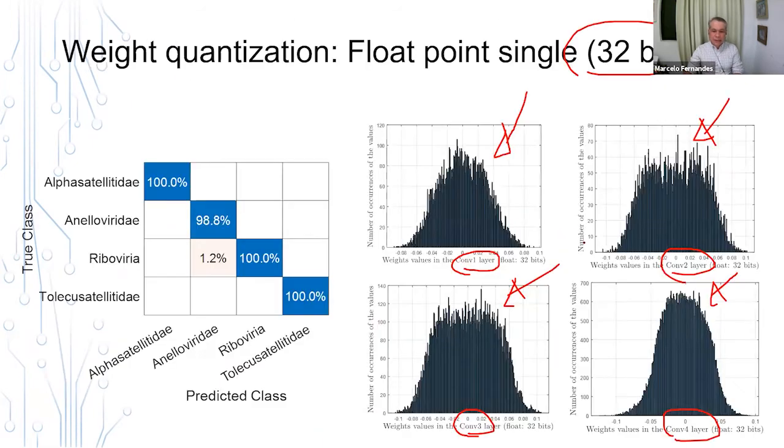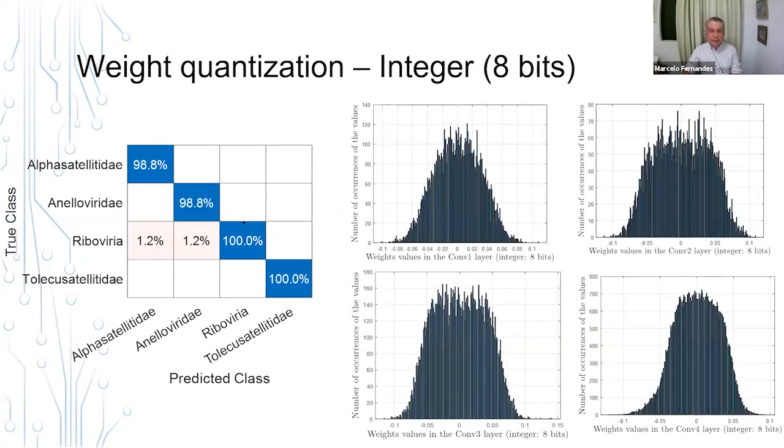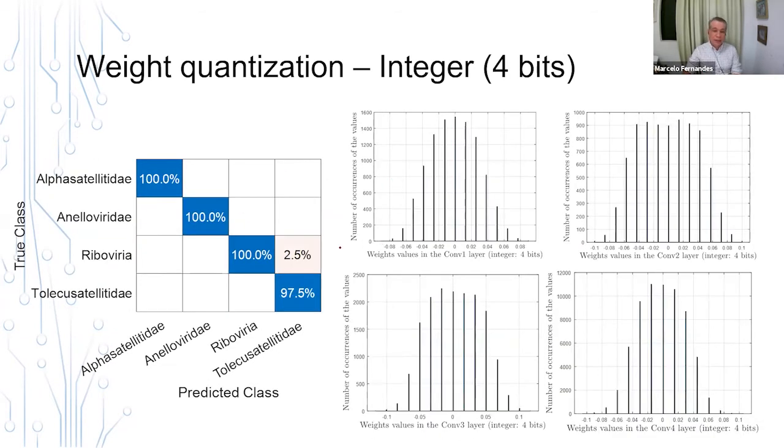In the other case, this is an aggressive quantization, where I used 4 bits. And you can see that the accuracy is similar.